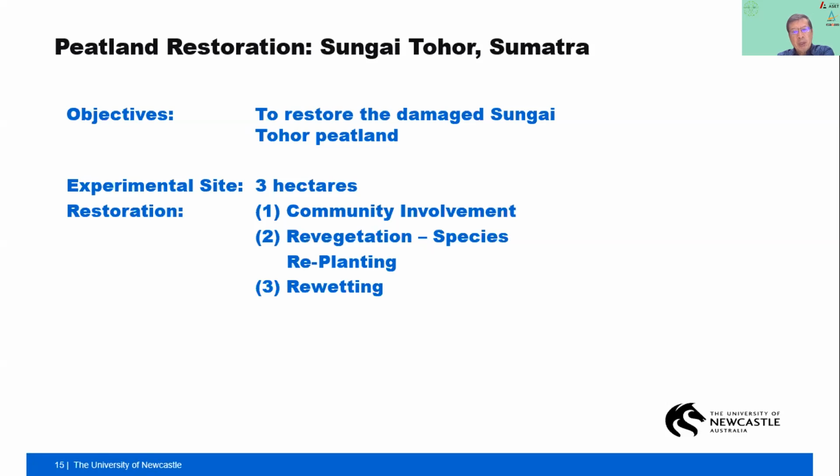And one way would be revegetation of natural peatland forest species, replanting, as well as putting in sago as a cash crop, and re-wetting the land by raising the groundwater and blocking the canals so that the water will not flow out further away from the peatlands, okay, and raise the groundwater. So that's our objectives of the study.